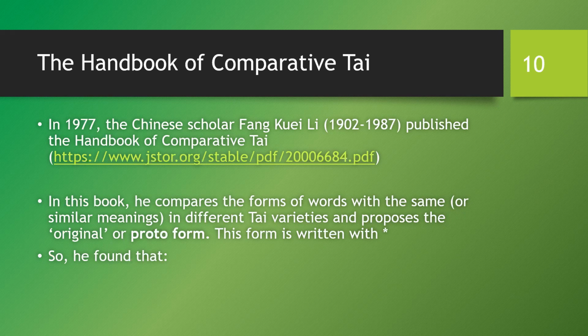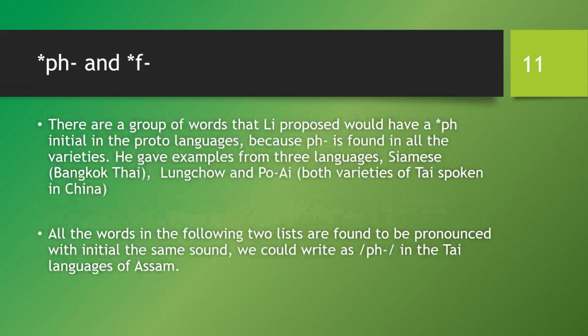So what he tried to do was to look at all the information that could be found about all the different Tai languages and come up with a suggestion as to what the original form was. And this original form or proto-form we write with a star at the beginning. So what did he find?